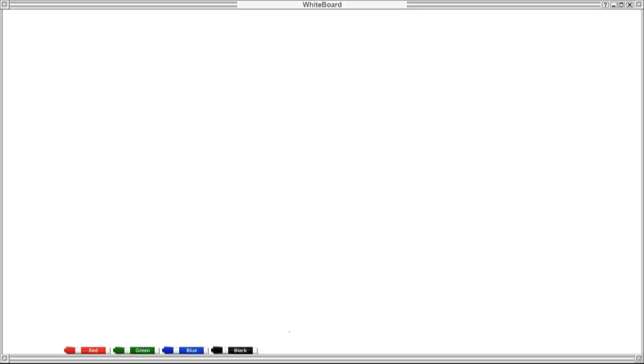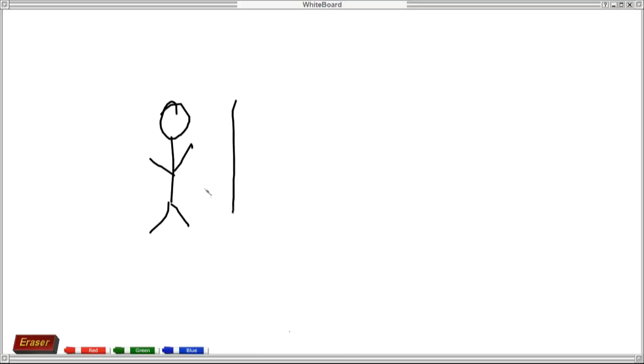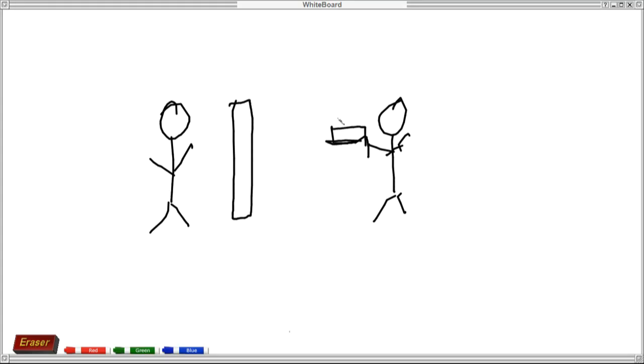Let me make a diagram. Let's say here's me, and I know I really suck at stick figures. Usually there's a barrier, and let's say here's some crazy idiot who wants to shoot a gun at me.